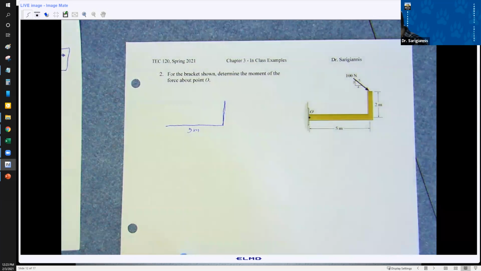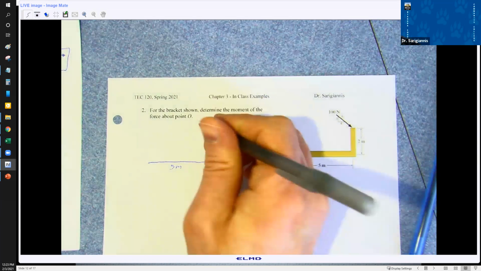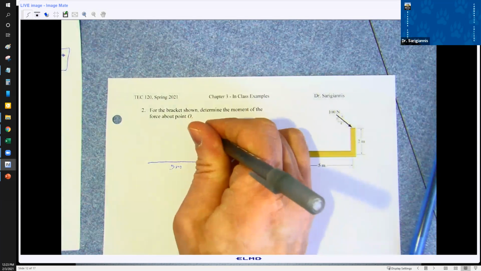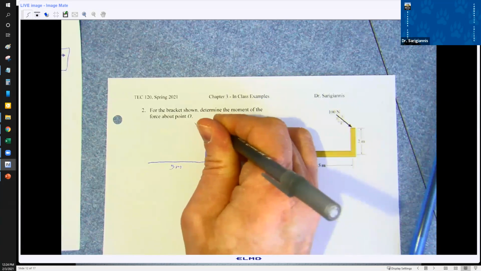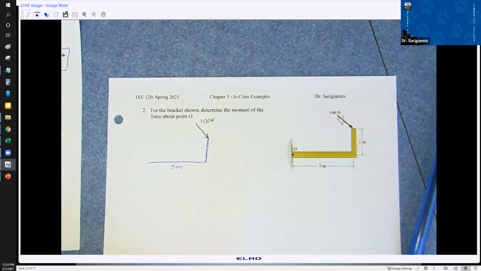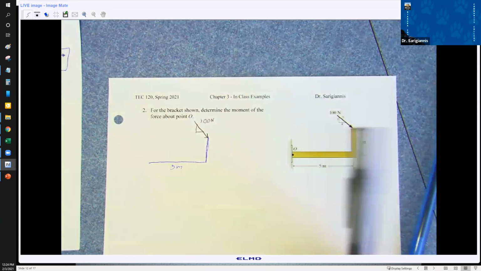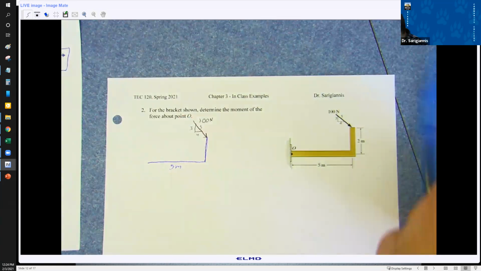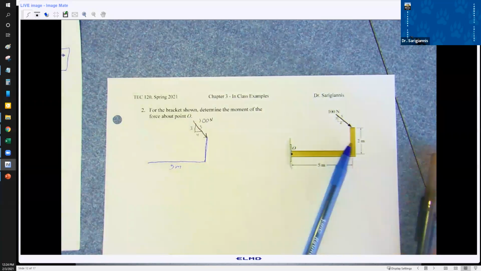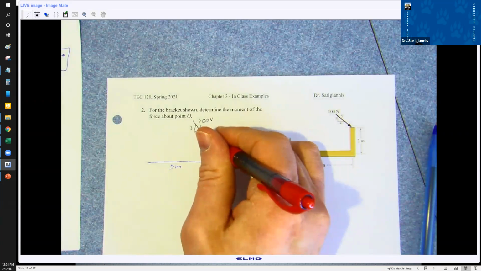So this is my force. And this is the 3, 4, 5 slope. Well, 3/4 slope.